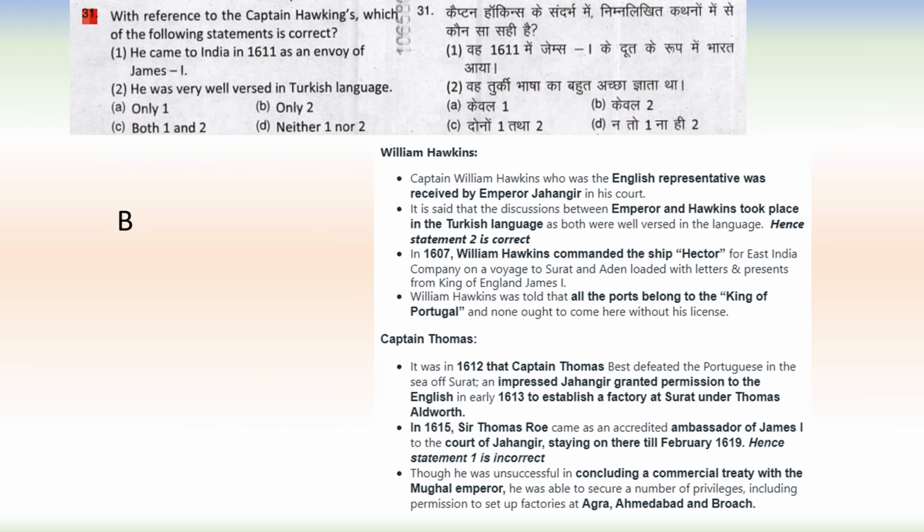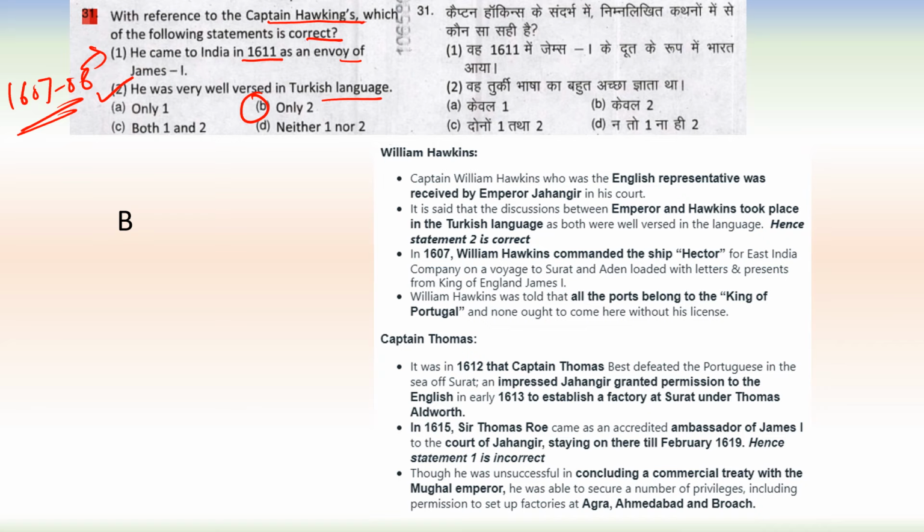Next one. With reference to Captain Hawkins, which of the following statements is correct? He came to India in 1611 as an envoy of James the first? No. Captain Hawkins came to India around 1607 or 08. He was very well versed in the Turkish language. Yes, this is correct.